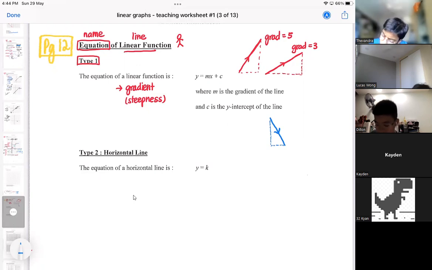Can you imagine, if you're going down a slope like this, you feel like you're going to topple over. So this is a very steep gradient compared to this one. This one is not so steep; you feel like you can slide across.